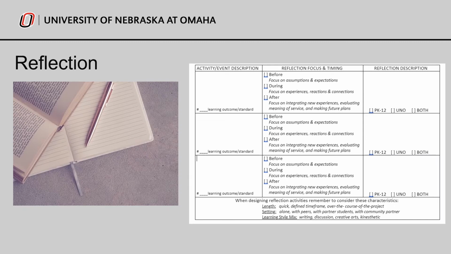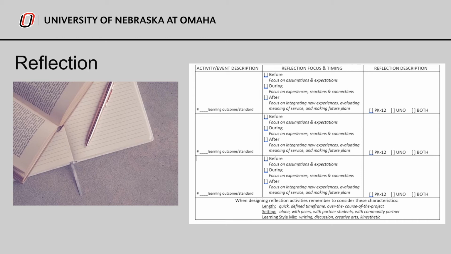When it comes to reflection, you'll want to consider the different characteristics such as length, setting, and learning styles of your students. Reflection should happen before, during, and after all stages of your service learning process. There are many reflection videos on our website, as well as if you reach out to your graduate assistant or service learning staff, we can share with you different reflection ideas.